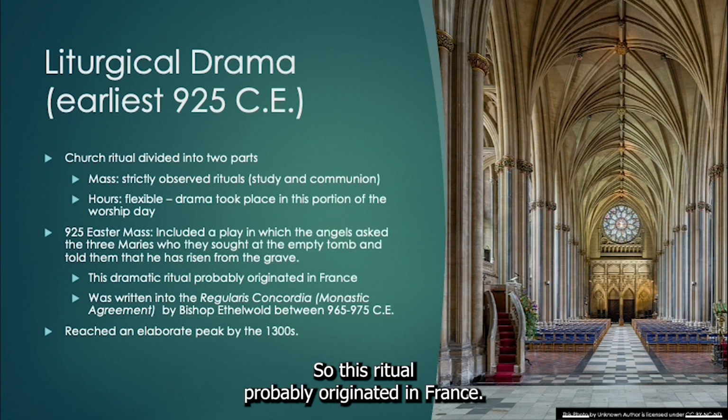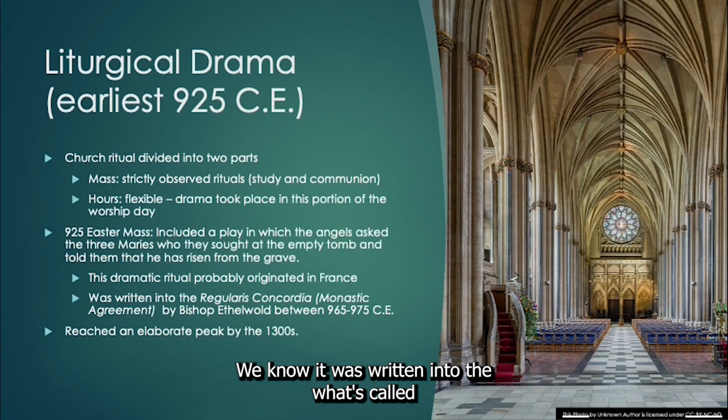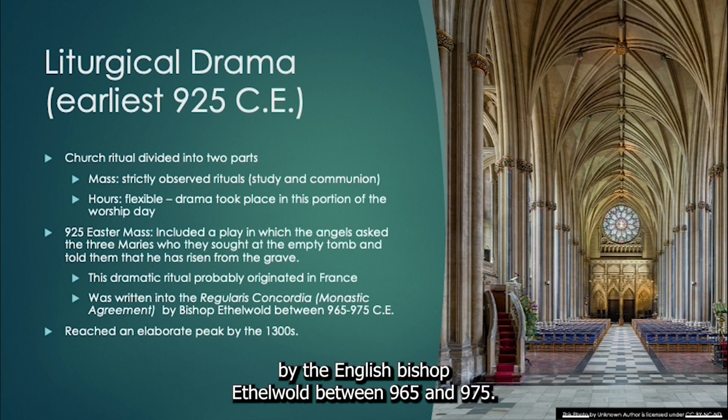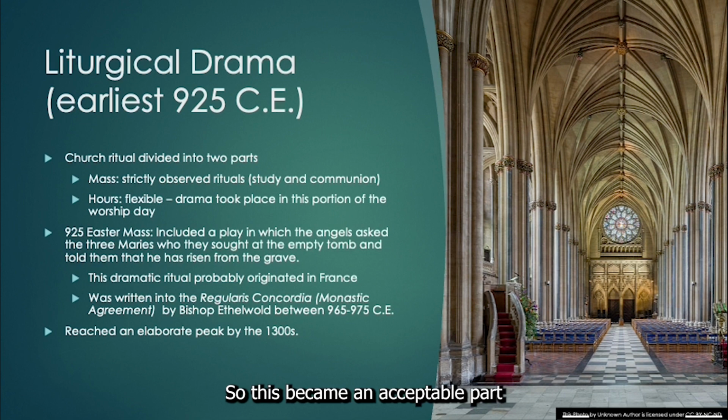So this ritual probably originated in France. We know it was written into what's called the Regularis Concordia, which is the monastic agreement by the English bishop Ethelwold between 965 and 975. So this became an acceptable part of liturgical dramatic performance.